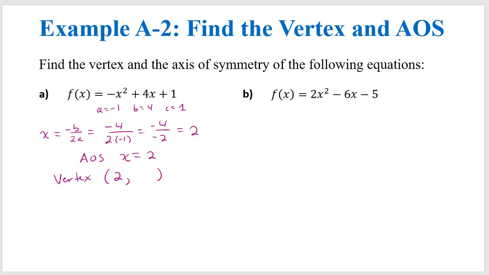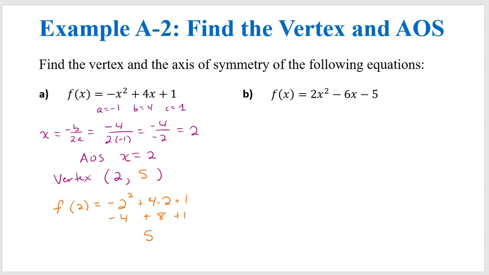So all I have to do is plug 2 into this function to find the y value of my vertex. So -2 squared plus 4 times 2 plus 1. So that would be -4 plus 8 plus 1, and that is 5. So the y value would be 5. So there is my vertex.